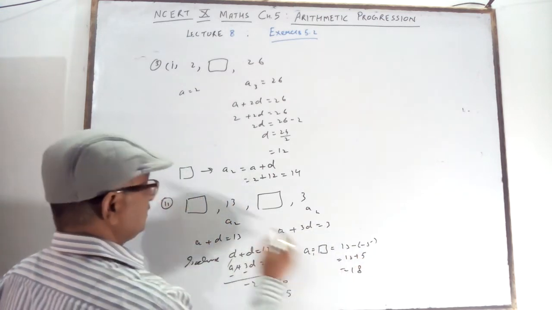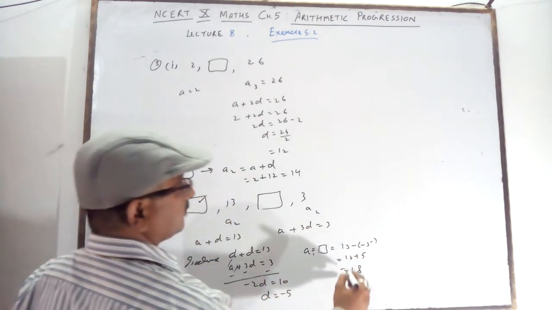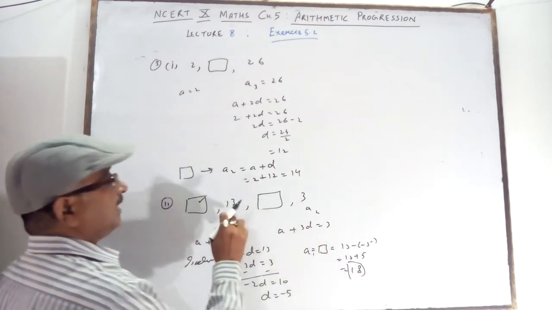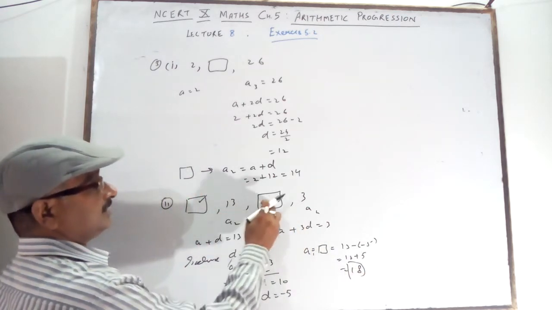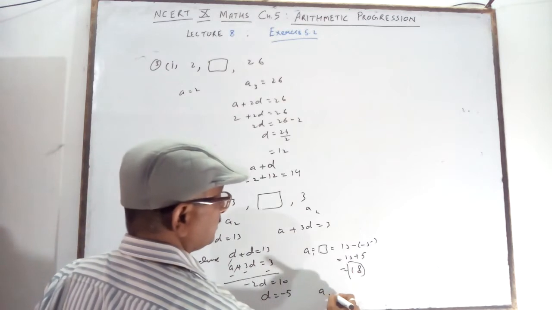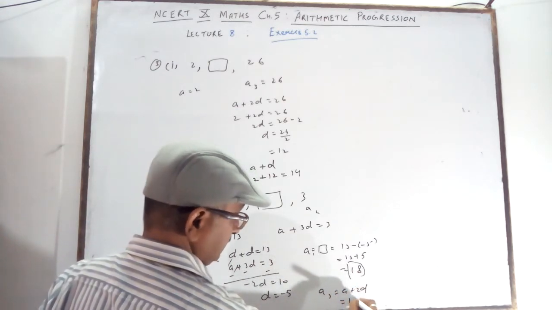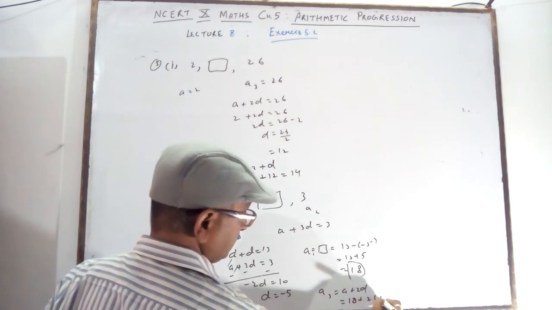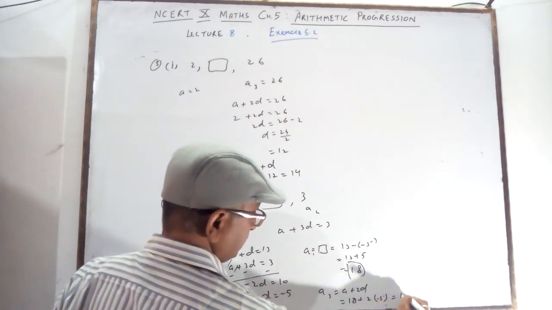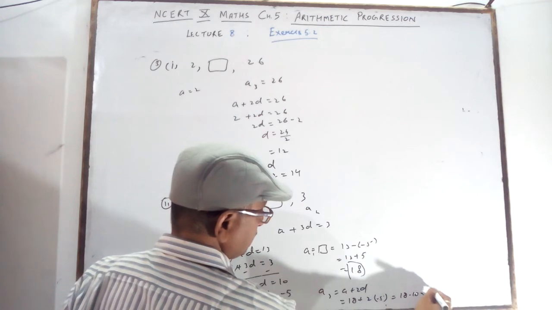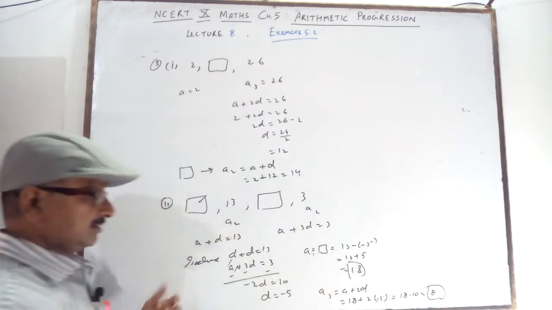What is your term? First term is 18. One answer you are getting. And 13 minus 5 you will get the second. a3 is equal to a plus 2d. What is a? 18 plus 2 into minus 5. 2 5s are 10. 18 minus 10 is equal to 8. It is your third part.